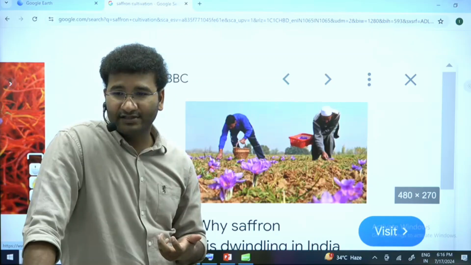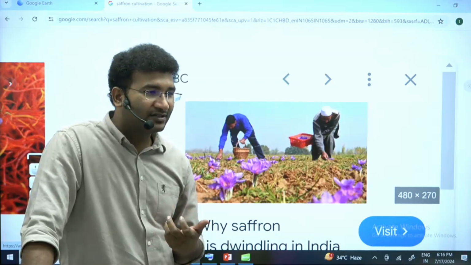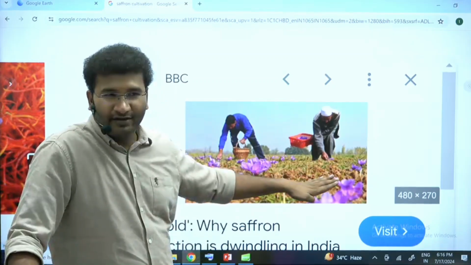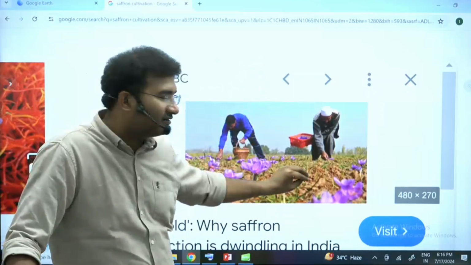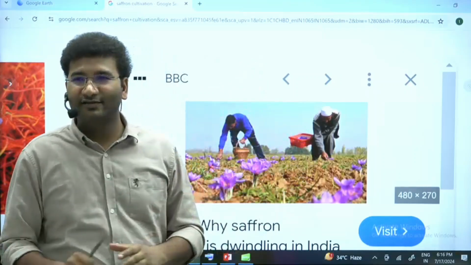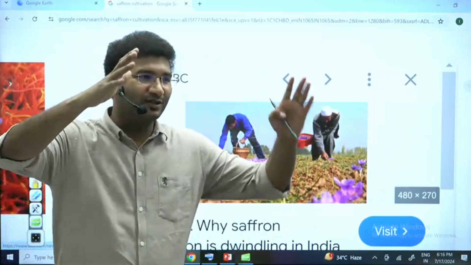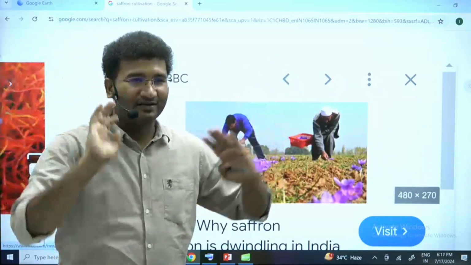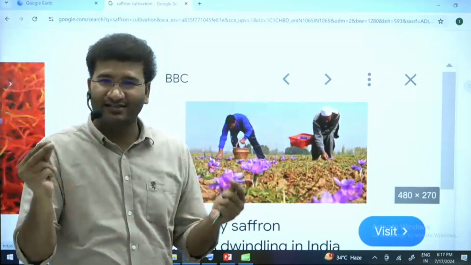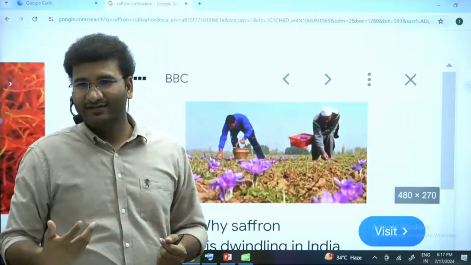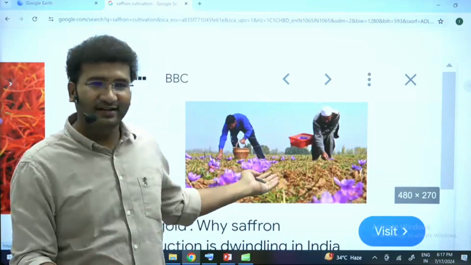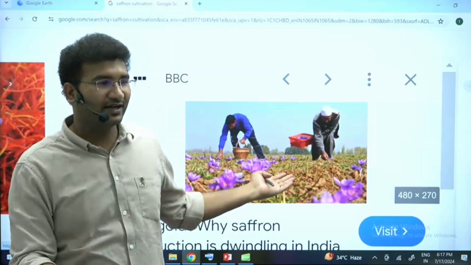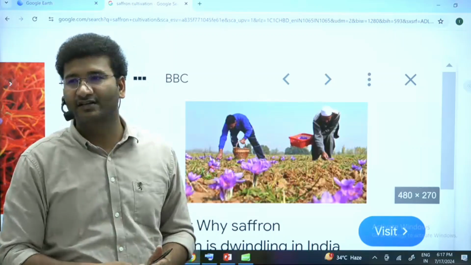Good amount of calcium is there, and conducive environments like neither snowing nor raining, a decent moisture is needed, and this moisture is given by clouds when they go and touch with the mountains. That moisture is given not as a rainfall, but you feel like a mist, right? Like fog. That kind of environment is required, and you have all of this in the Kashmir. So this saffron cultivation is done there.